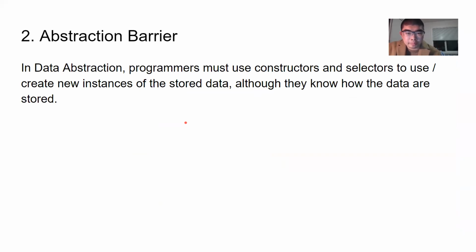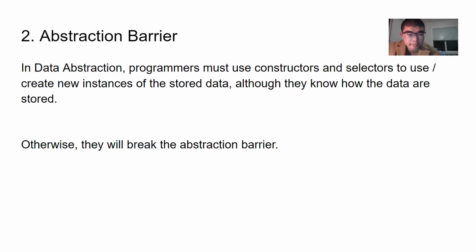In data abstraction, programmers must use constructors and selectors to use and create new instances of stored data. Although you may know how the data is stored, otherwise you will break the abstraction barrier, because you have to remember you are in the role of user. You are not the mechanic, you are not the machine.